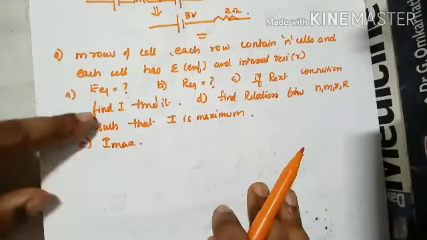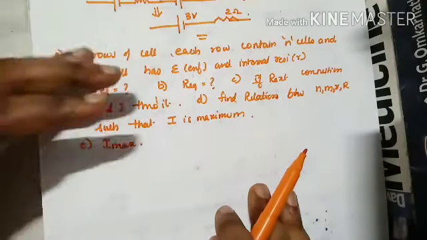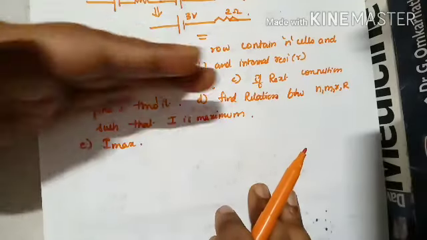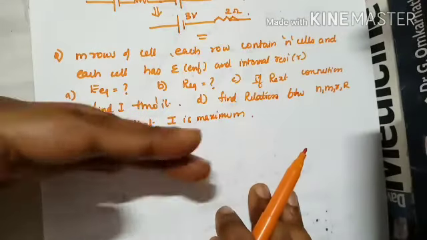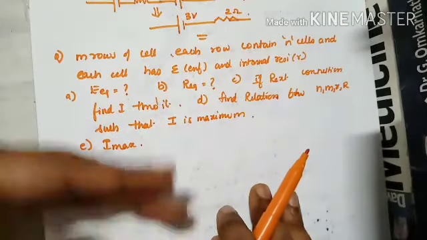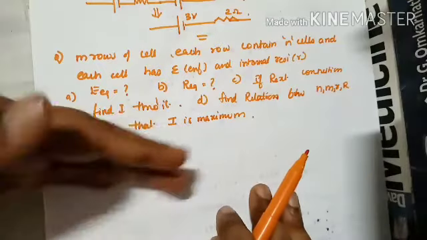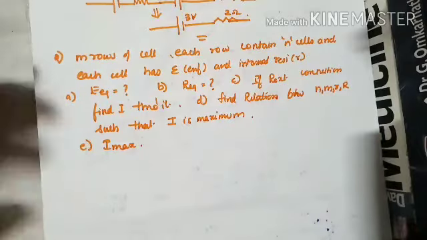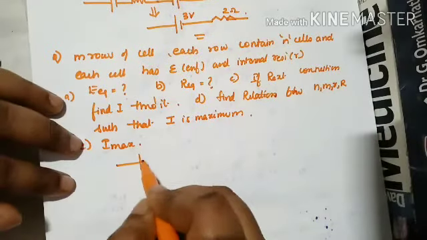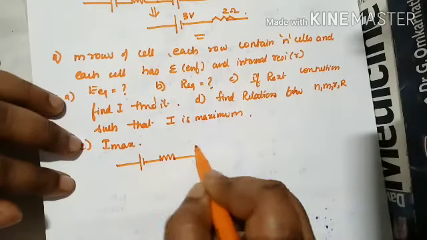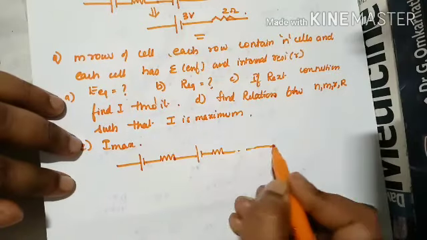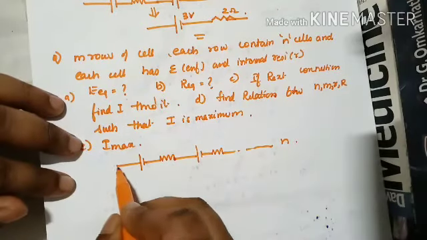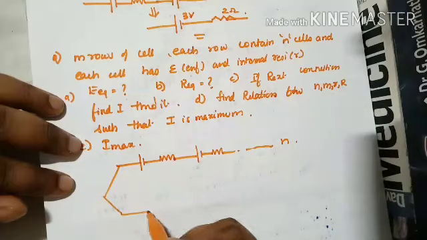So first of all, M rows of cells are there. I hope you understand these are rows. You are given M rows, and you said that N cells are there in one series. It's like the previous one, right? Suppose I draw the circuit, it will be like this. This will go till N, and then it is connected.